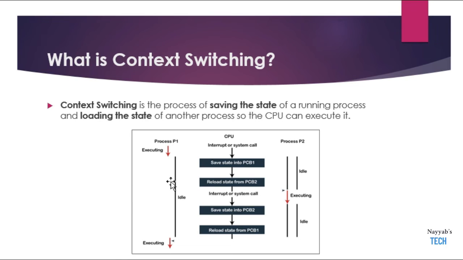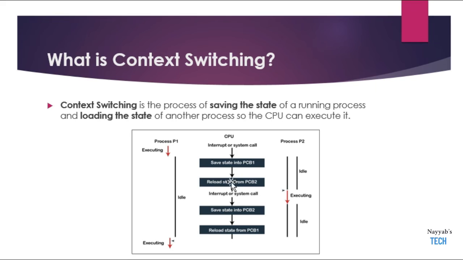For example, you are seeing the example here. This is process 1 and this is process 2. An interruption or system call happens and it saves the state into PCB1.